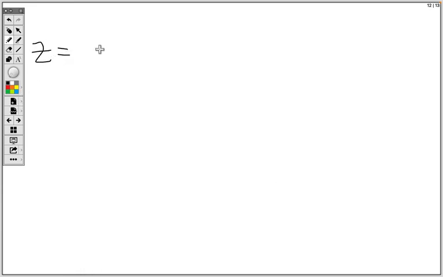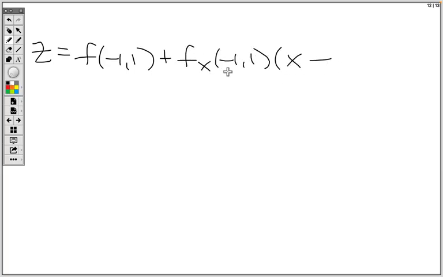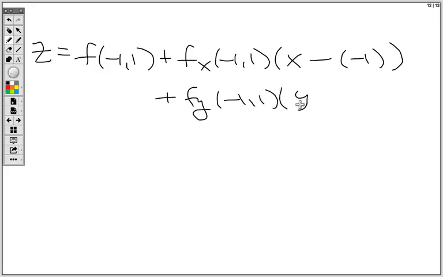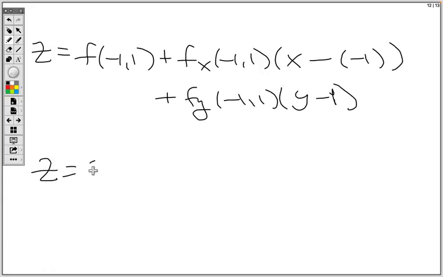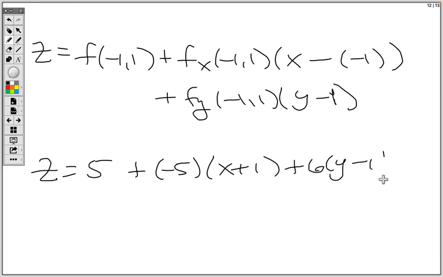All right, now we're going to put this into our formula. So z equals f of negative 1, 1 plus fx at negative 1, 1 times x minus the x coordinate, negative 1, plus fy at negative 1, 1 times y minus the y coordinate. And now we just go in and feed in these numbers, 5, negative 5, and 6. Z equals 5 plus negative 5 times x plus 1 plus 6 times y minus 1.